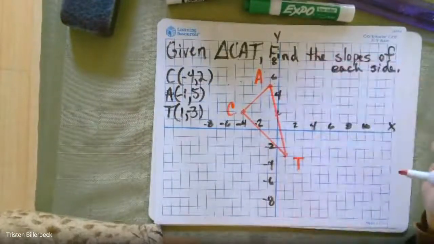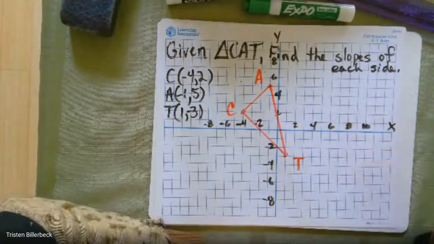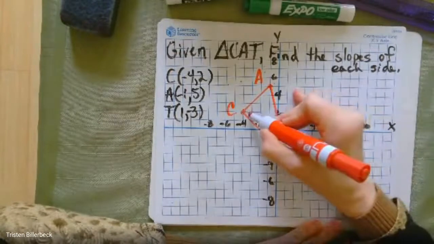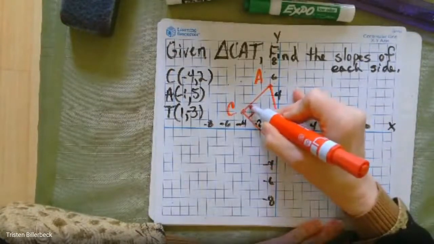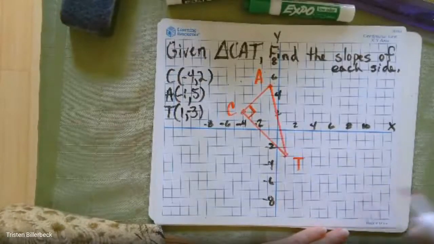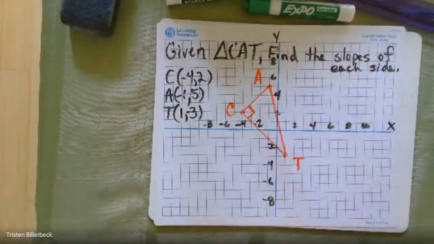And I have created something that I didn't realize I was going to create. I created a right triangle. Can you believe it? I am going to show you when we look at the slopes why that is a right angle right there. So first we want to find the slope of this line here, AC.